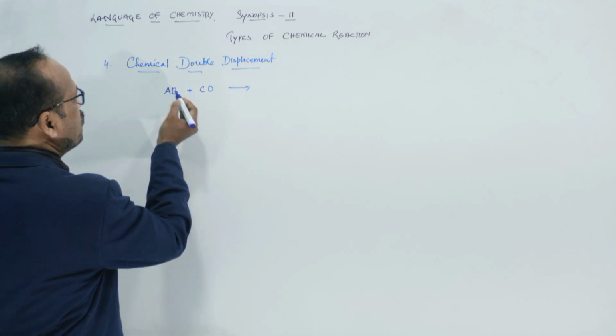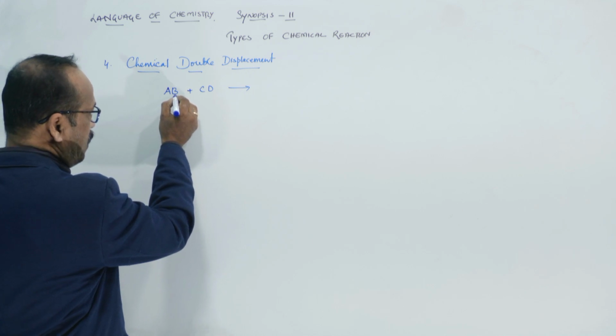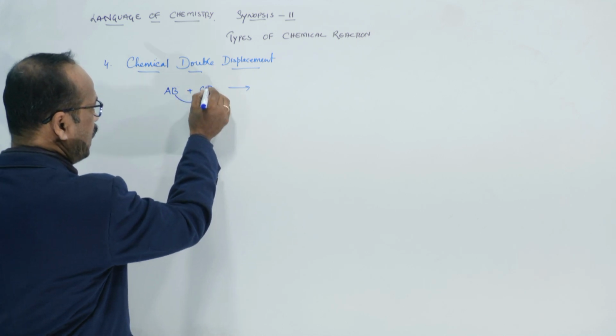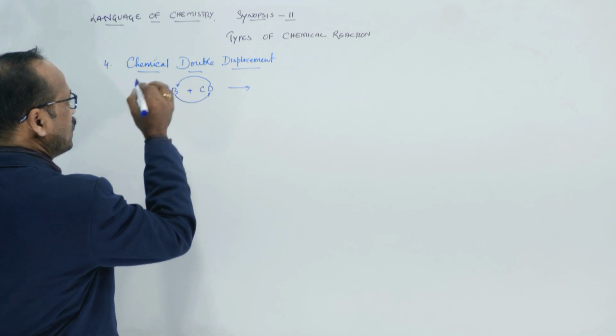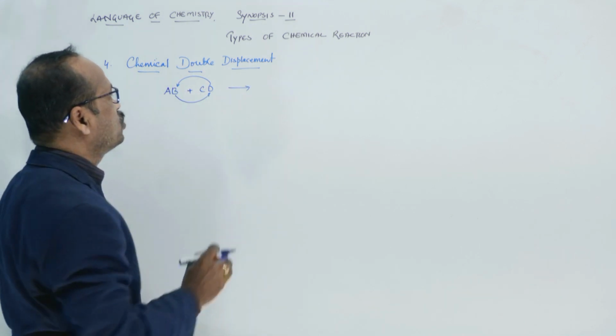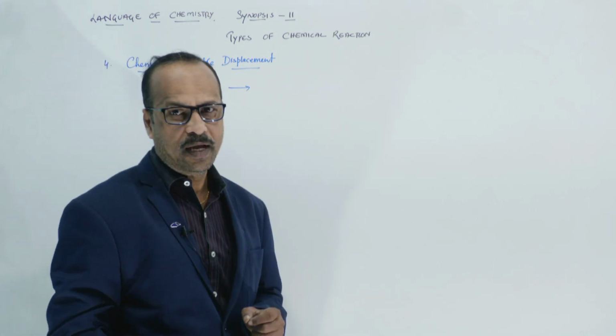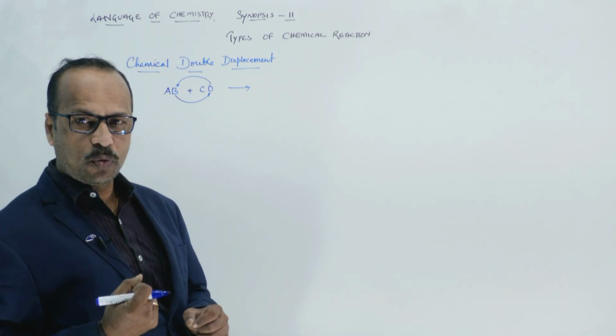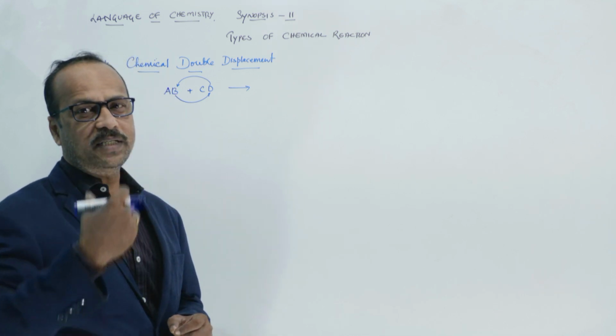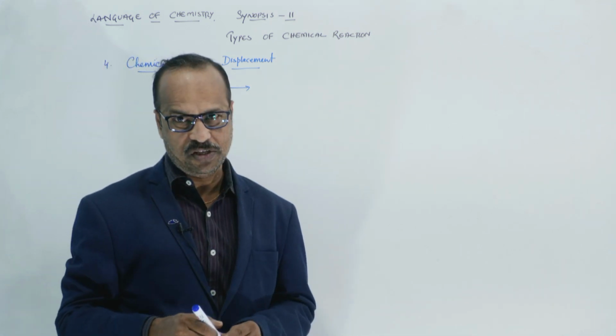Now B goes in the place of D and D comes in the place of B. They are exchanging. One is giving, one is taking. That's called exchange, right?